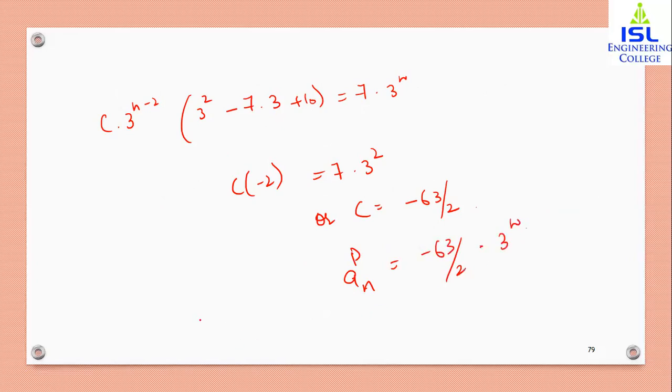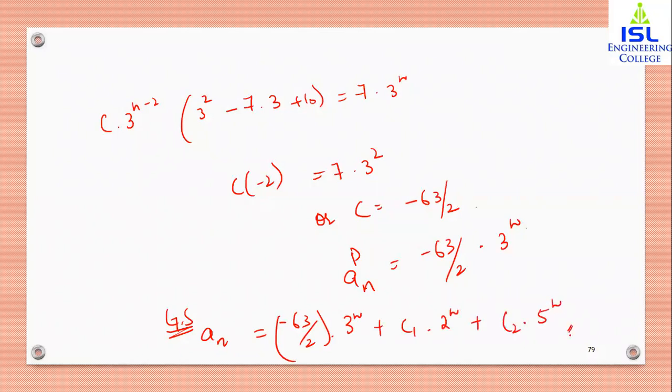What will be the general solution? a n is equal to minus 63 by 2 into 3 power n plus c1 into 2 power n plus c2 into 5 power n.